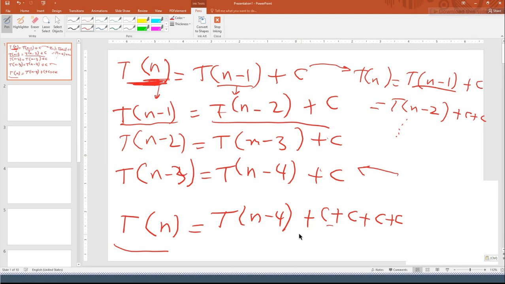Now, until here, since it's clear, let's sum it up. We can say that Tn equal Tn minus 4 plus, sorry, 4 C's. So we have 4 C's, which is here. So Tn minus 4 plus 4 C's. This is actually only for 4 rounds.